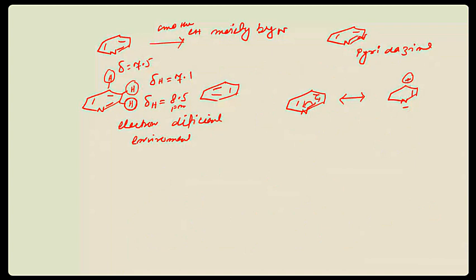That's why this proton is quite electron deficient. That's why its delta is quite positive. And here, when you are delocalizing, this carbon is always to some extent in an electron rich environment. That's why the delta value for this hydrogen is equal to 7.1. That is the lowest. That is also one fantastic thing we can discuss.